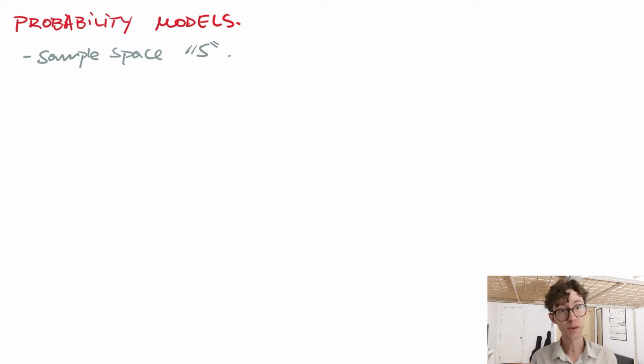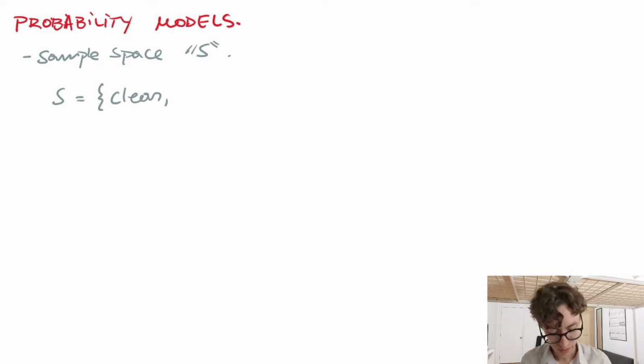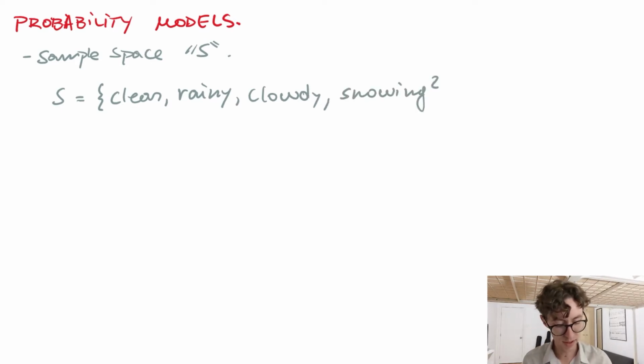If we're talking about the weather, for example, our sample space could be S, being the list of, I can do those little curly brackets, the outcomes. It could be clear, or rainy, or cloudy, or snowing. Any type of weather that you can think of. This would be our sample space S. The sample space is the list of every possibility in the model that we're trying to build, right?